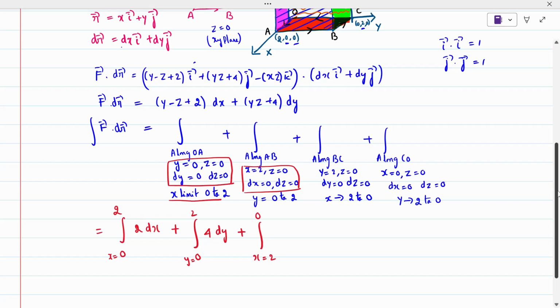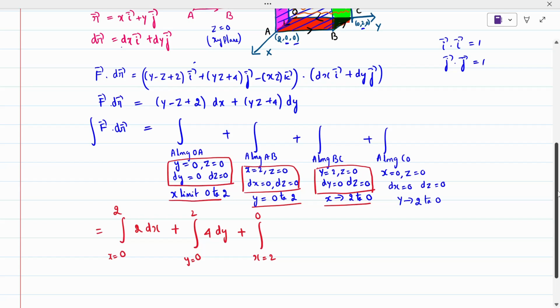Plus the third, x limit 2 to 0. So now I have to substitute for the third case, y equal to 2. When I substitute y equal to 2 in this, dy is 0, so this is fully 0, dz I don't have at all, z is 0. So y should be replaced by 2.